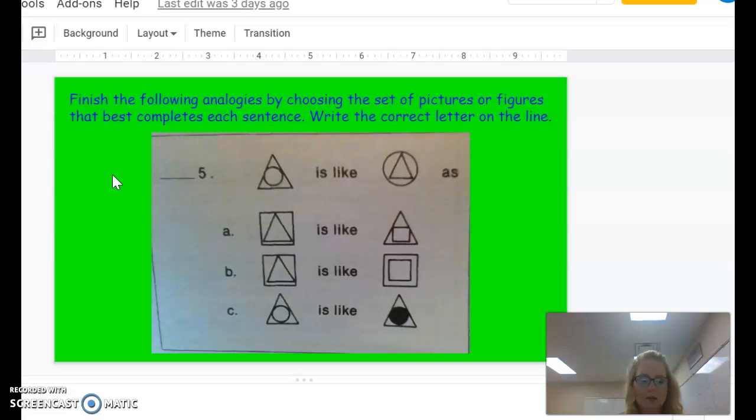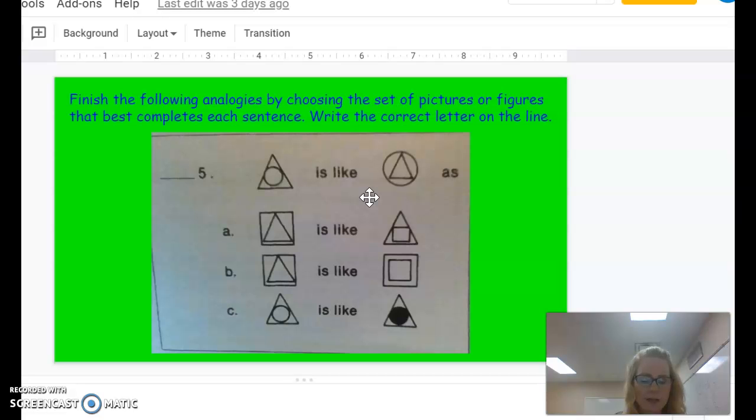So in this analogy, we first see a figure that appears to be a circle inside of a triangle. The second part appears to be a triangle inside of a circle, right here. So how are these two figures related or connected? They both have circles and triangles, but they are reversed from one figure to the next.